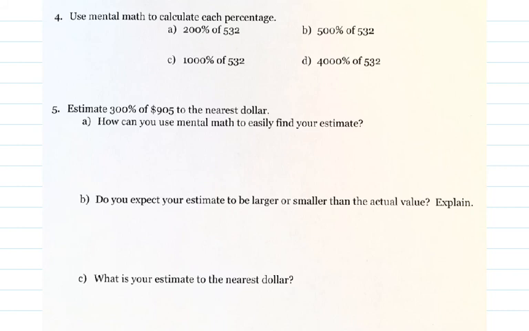Okay, so here we go. Using mental math to calculate each of these percentages, 200% of 532, that just doubles this number, okay? So this number times 2 would be 1,064. 500% of this value would be 5 times 100% of that number, which would multiply that number by 5.